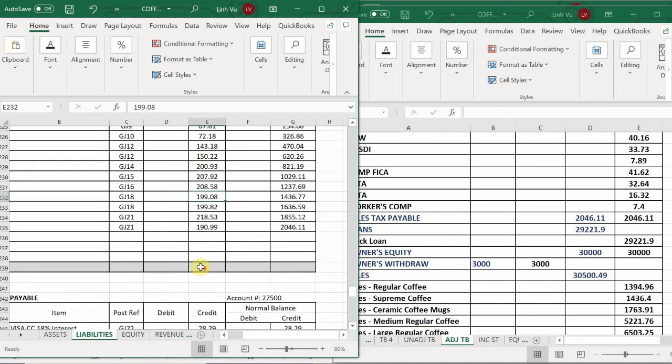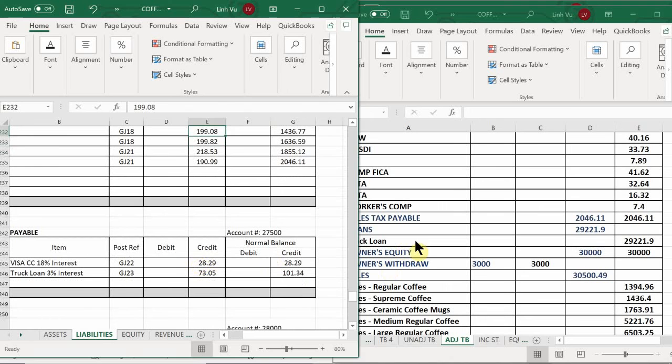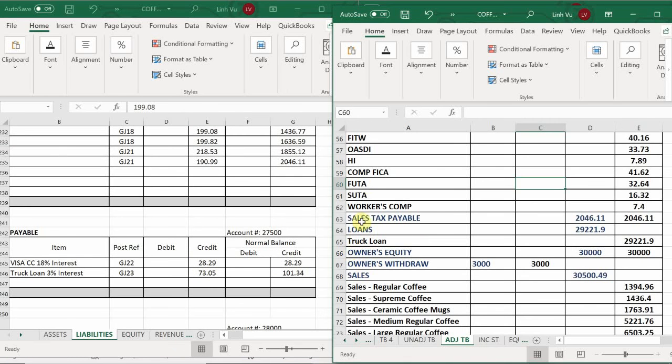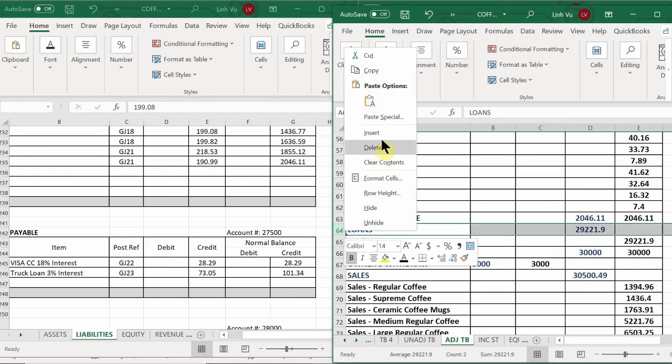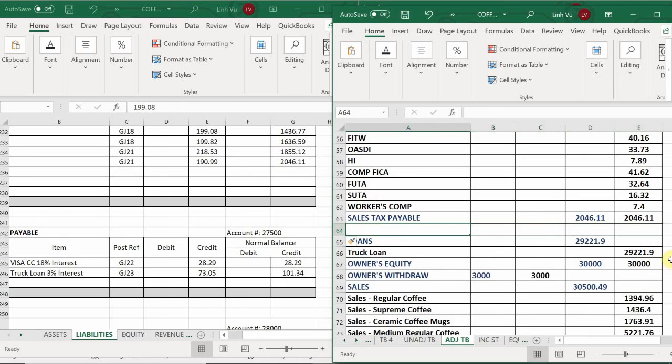Then we have interest payable. That's new. So under sales tax payable, right above loans, I'm going to insert interest payable. That's interest 101.34. And I'm going to also equal this because it's a main account.